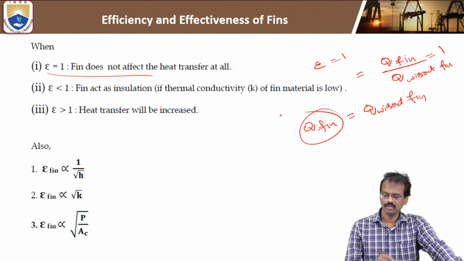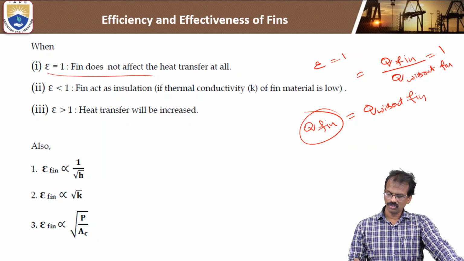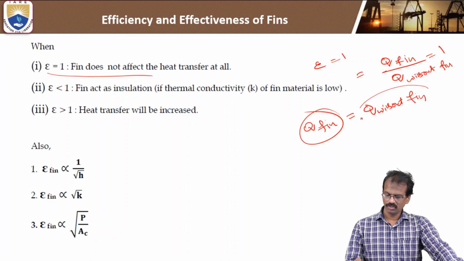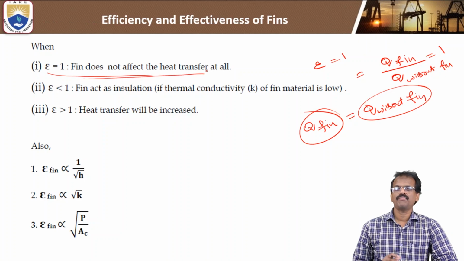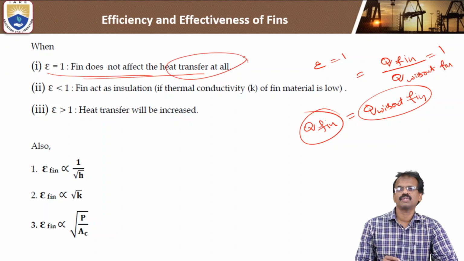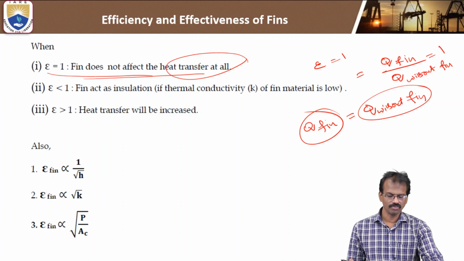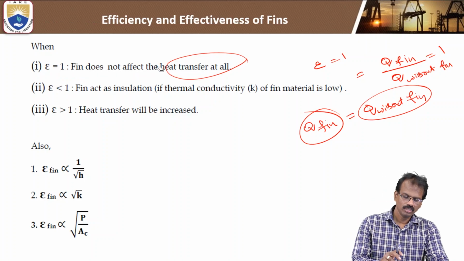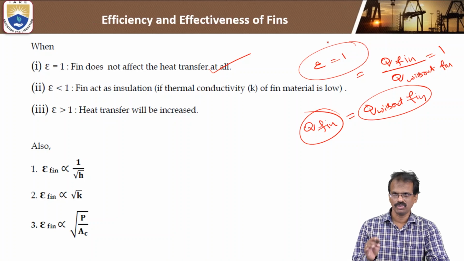So heat loss with the help of the fin is equal to heat loss without the fin. It means there is no effect of fin. The fin does not affect the heat transfer at all, so the functioning of the fin is negligible. That is when the effectiveness is equal to 1.